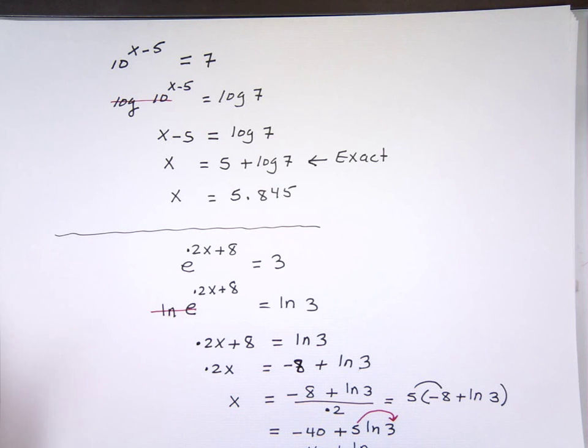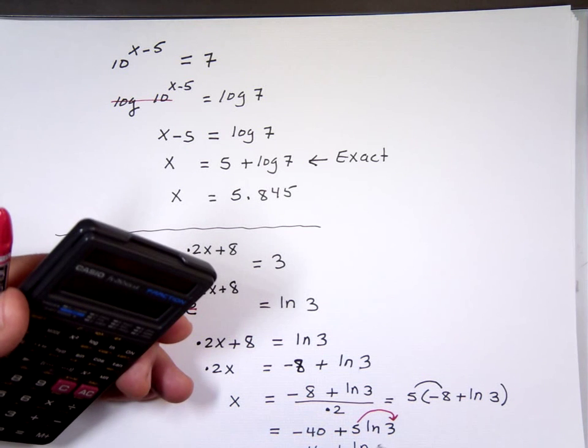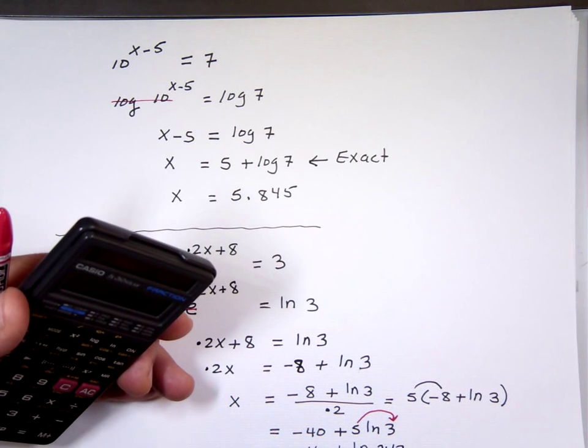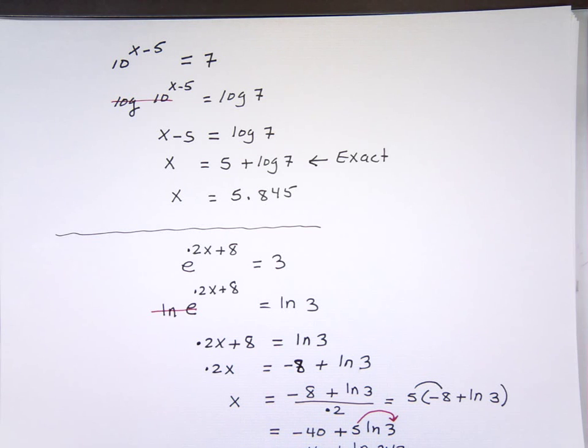What is 3 to the power of 5? Is it 243? Yep. So it's negative 40 plus the natural log of 243. Again, the 5, just take 1 over 0.2. That's what a 5 is.